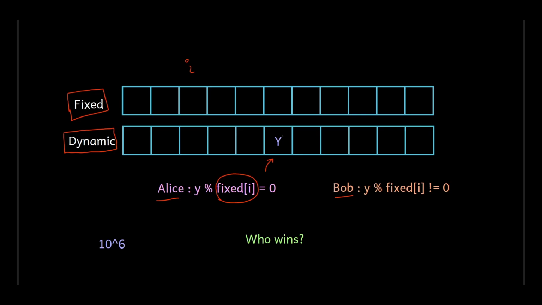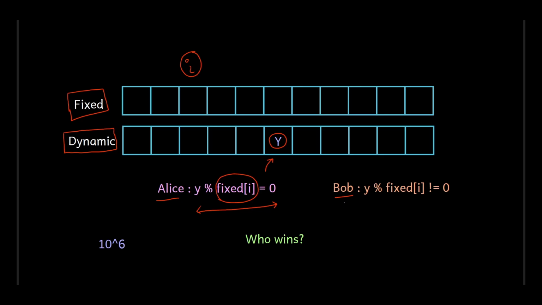She is allowed to delete this element y from the dynamic array if y is divisible by the element that she had chosen from the fixed array. So that is why the constraint is y modulo fixed I equal to 0.